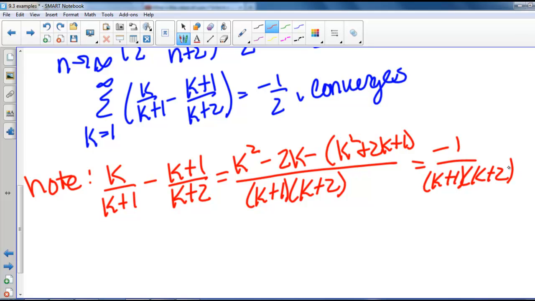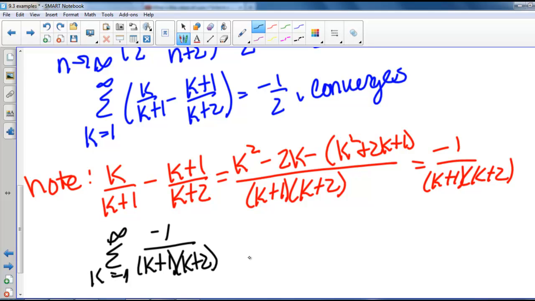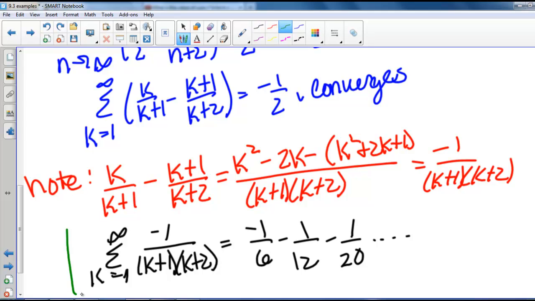So we could rewrite this series as the series from k equals 1 to infinity of negative 1 over k plus 1 times k plus 2, which equals negative 1/6 minus 1/12 minus 1/20, and so on. So this note will be helpful later on when we'll start with a form that looks like this and is one fraction, and use partial fraction decomposition to rewrite it as a telescoping series.